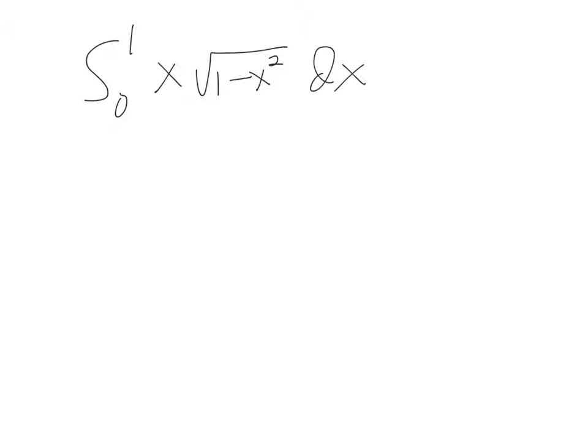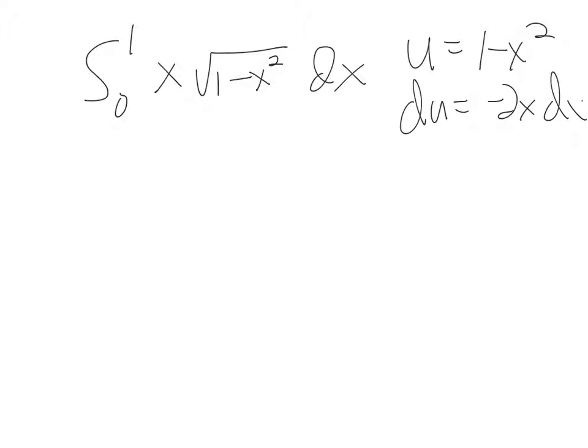So instead, I'm going to say u equals what's underneath the square root, and take the derivative. Now unfortunately, do you see how I just have an x? I can do the square root of u, but see how I have this x dx left?